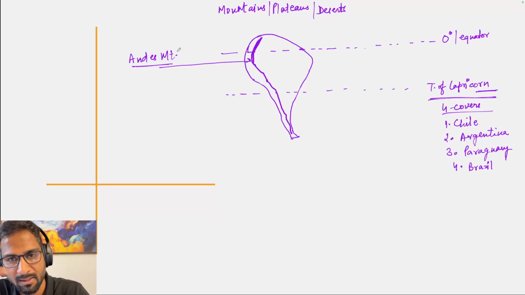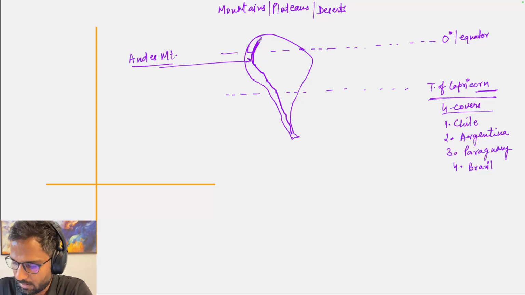If you look at the Rocky Mountain system of North America, that mountain system was highly dissected, but this one is more or less continuous and extends from the northern tip of South America till the southern tip of South America. Okay, so this is the mountain system.